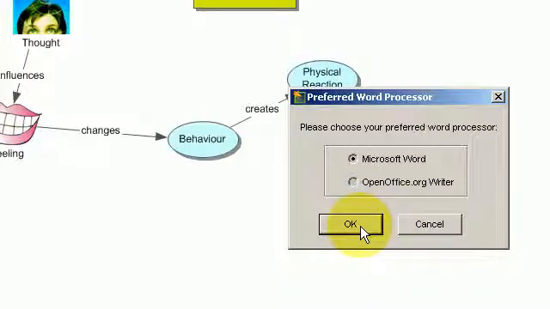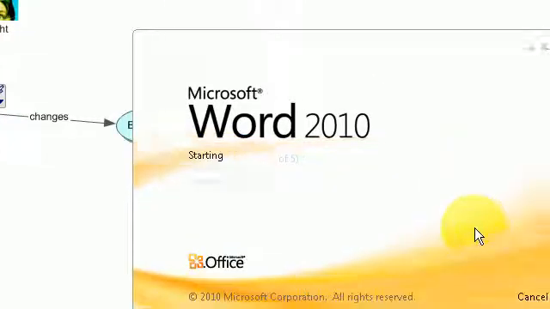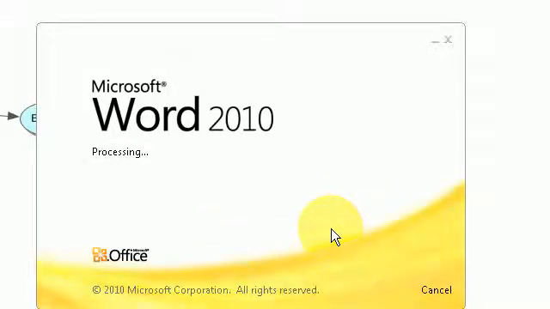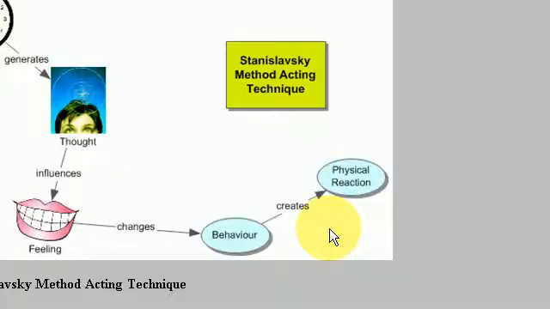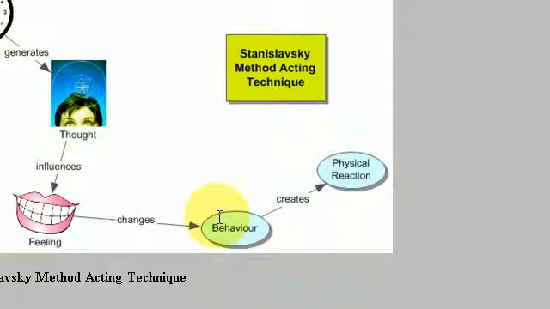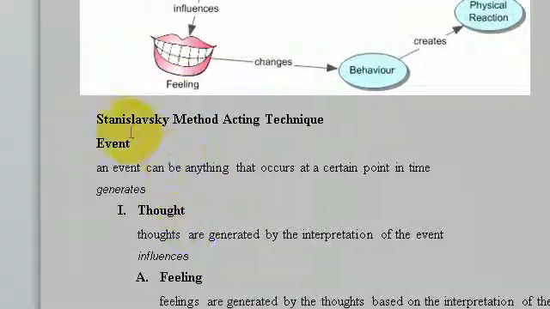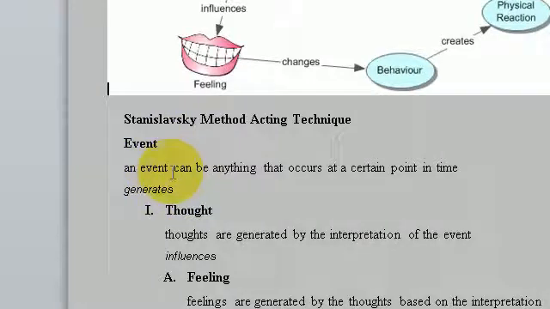I'm going to open it in Microsoft Word. And here you have the end result. So you have the image inside Microsoft Word with the concept names and with the description of the concepts.